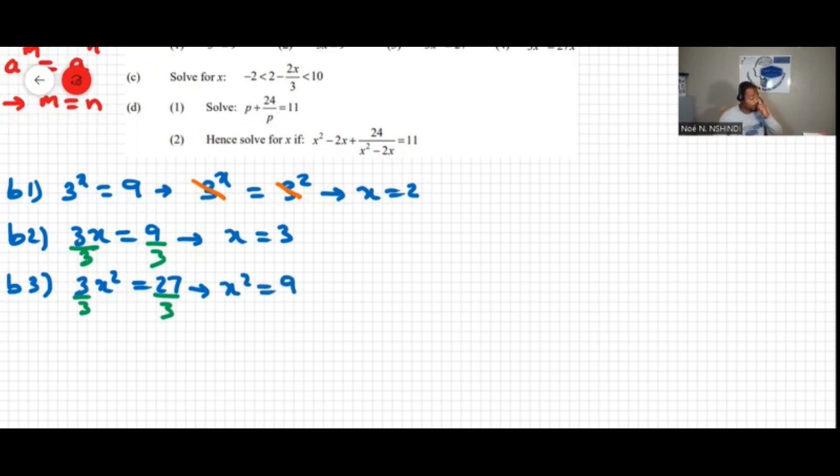Now, 9 is a square number, so we can write it as x squared equal to 3 squared. So now it's a similar property to the one listed before in red: if you have a to the m equal to b to the m, when the exponents are equal, this implies the bases are also equal. So when we drop the exponents, we equate the bases. This means that x equal to 3.